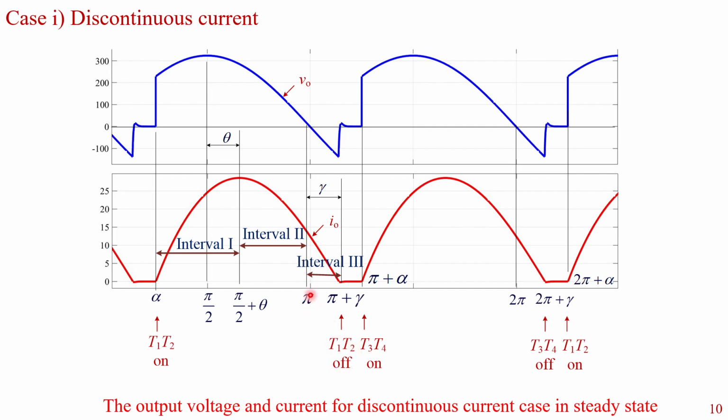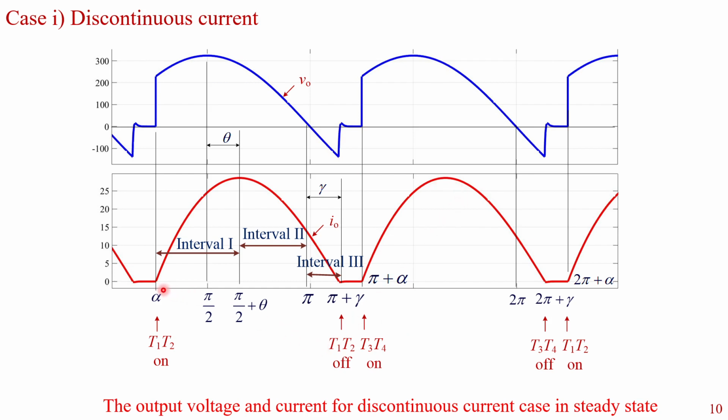During pi to pi plus gamma, the input voltage becomes negative, so the load voltage is negative. At omega t equals pi plus alpha, T3 and T4 are turned on, and again the load current rises.